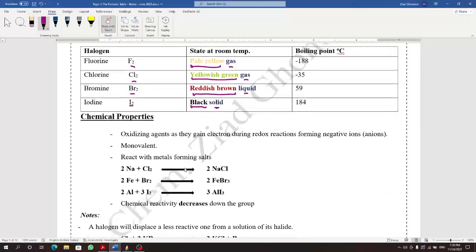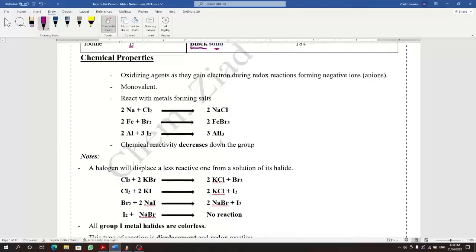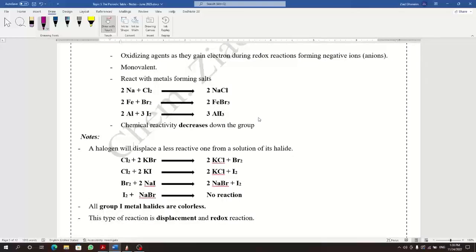Now let's talk about the chemical properties. Oxidizing agents, as I said, we'll talk about them in the redox at the end of the topic. They are monovalent. Again, they are diatomic, meaning that they exist as two atoms bonded together, but they are monovalent because in chemical reactions they participate in the same way by gaining a single electron.